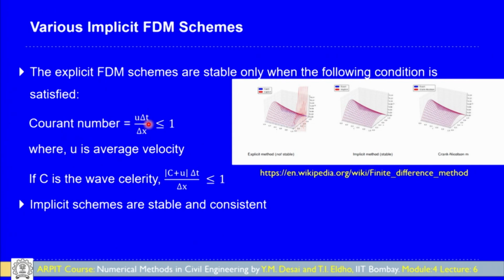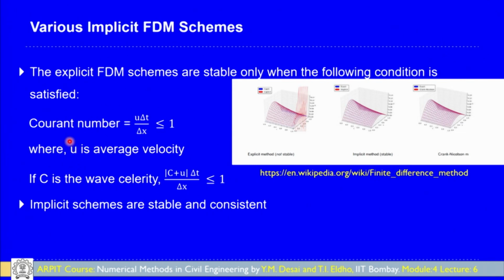If u is the average velocity of the flow, u delta t by delta x should be less than or equal to 1, and if c is the wave celerity, c plus u into delta t by delta x should also be less than or equal to 1. Wave celerity c is equal to square root of g y, where y is the depth of flow and g is the acceleration due to gravity.